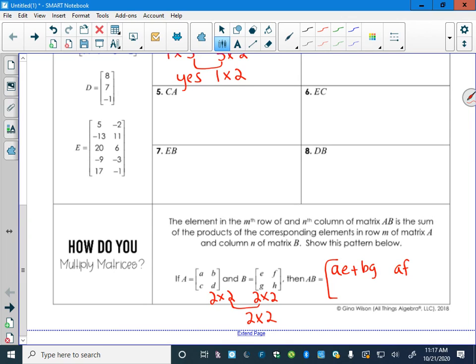A times F plus B times H. All right, I'm going to the second row, first column. So I'll do C times E plus D times G. Then this is the second row, second column. So C times F plus D times H.